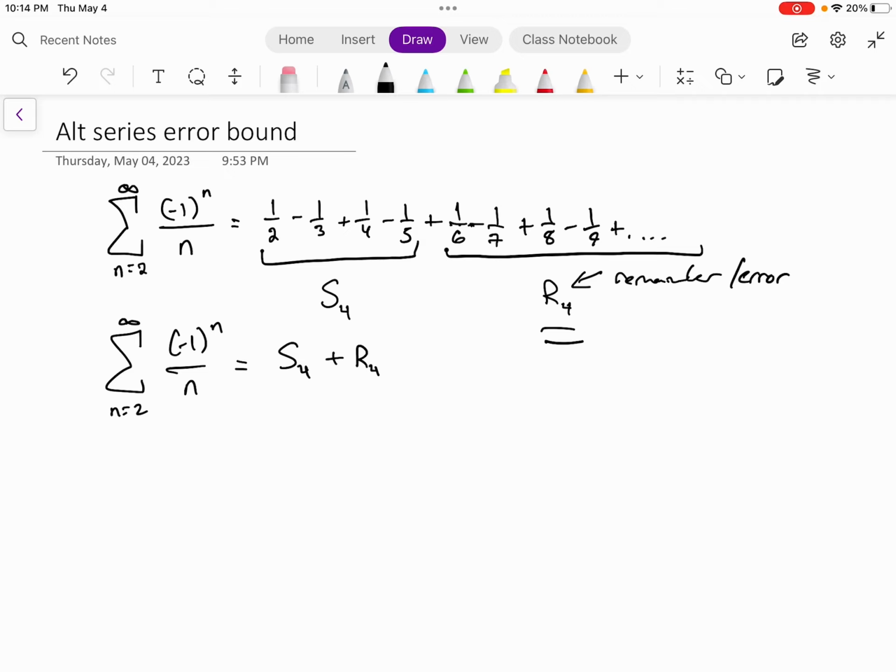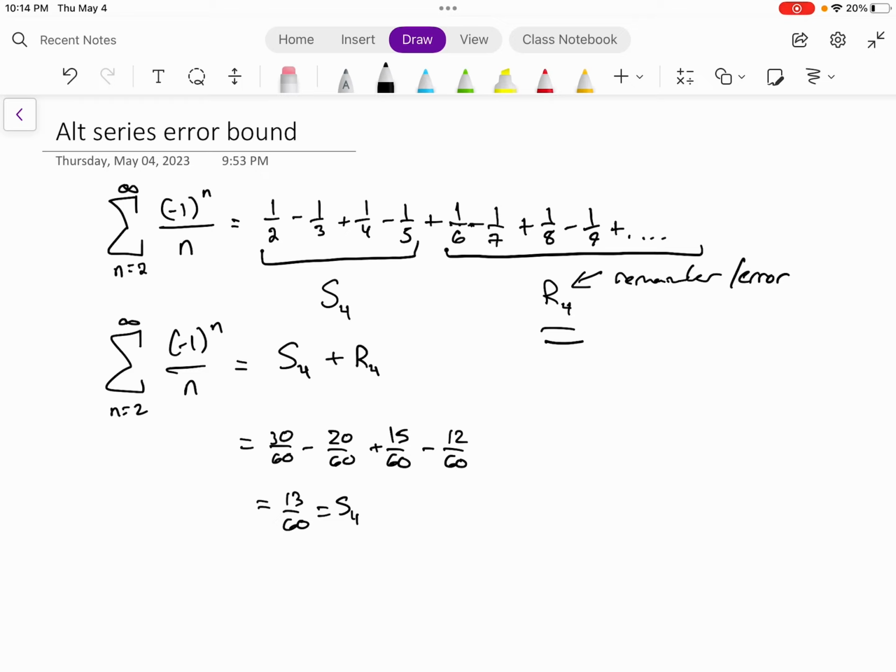You could do that with a common denominator of 60. I think it's 30 over 60 minus 20 over 60 plus 15 over 60 minus 12 over 60. So what is that? That's 13 over 60. Sorry if I'm making mistakes, but I think 13 over 60 is that fourth partial sum.